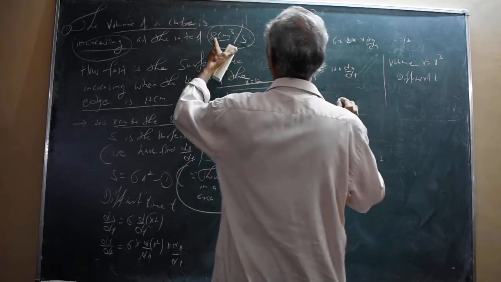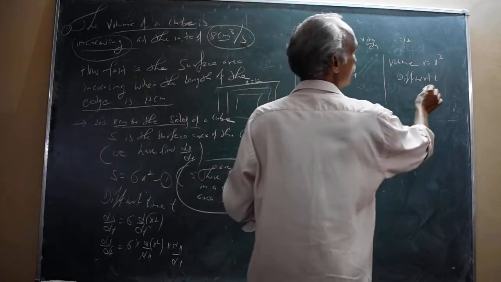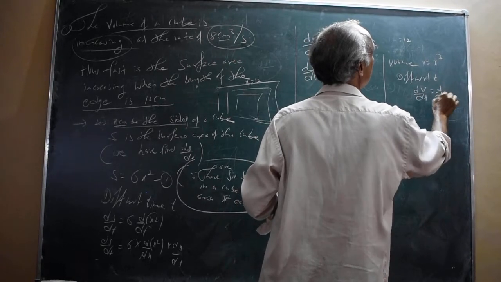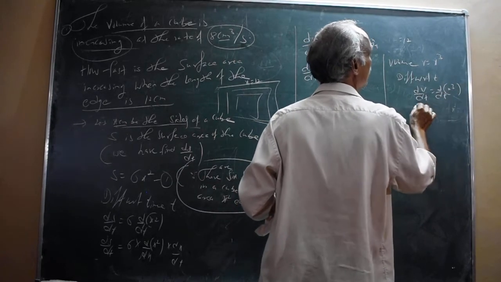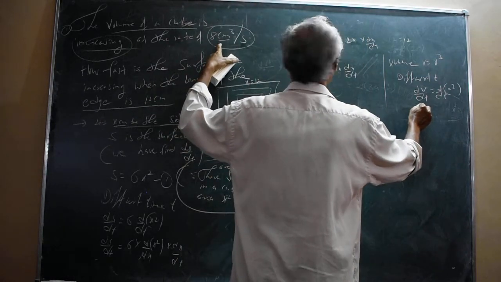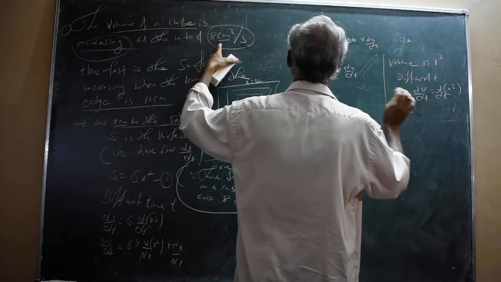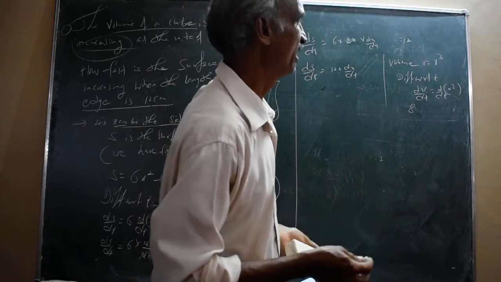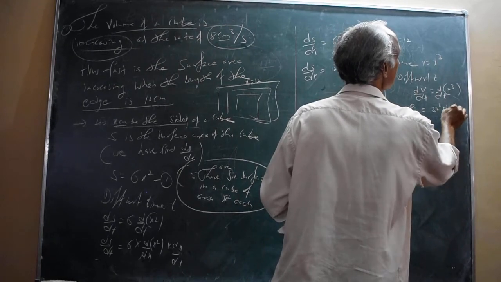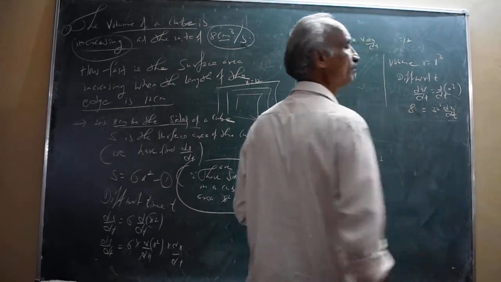Now let us take the given information with respect to t. dv by dt is equal to d by dt of x cube. Therefore, dv by dt is how much given? dv by dt is 8. No need of writing the units here. 8 is enough. 8 is equals to what is the x cube differentiation? 3x square into dx by dt.